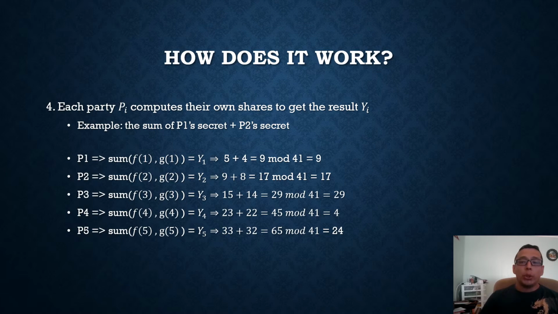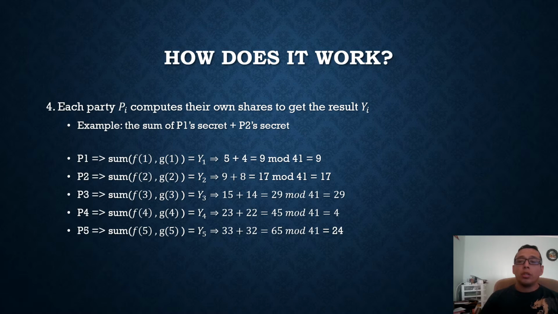Each party computes their own share to get a result Y. In this case, it's the sum of party 1's secret plus party 2's secret. So here, each party will take the share from party 1 and party 2 and sum it up.